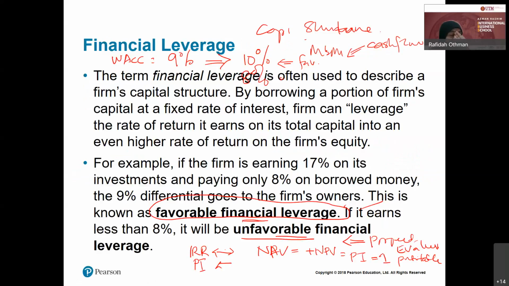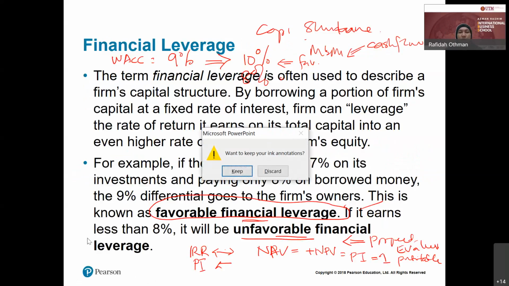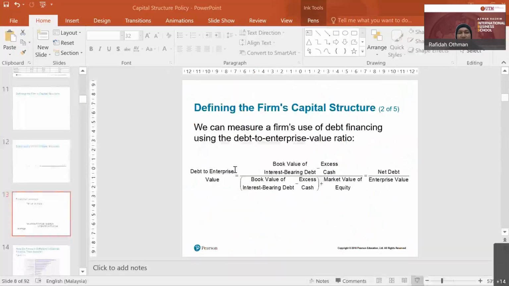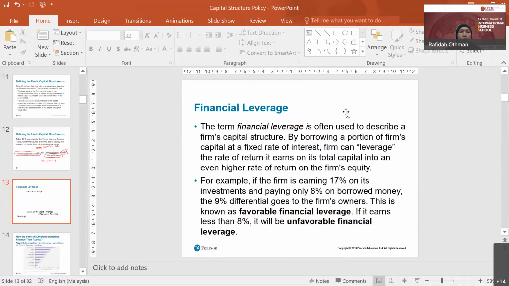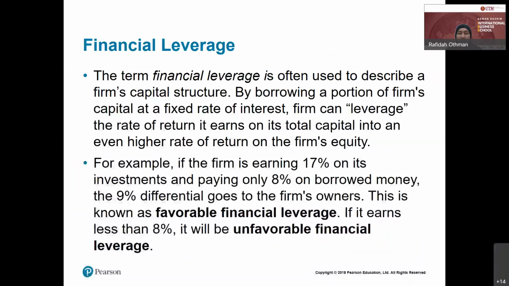When we talk about financial leverage, we always talk about favorable financial leverage. That means how well the organization takes on projects that give you a return higher than your WACC.